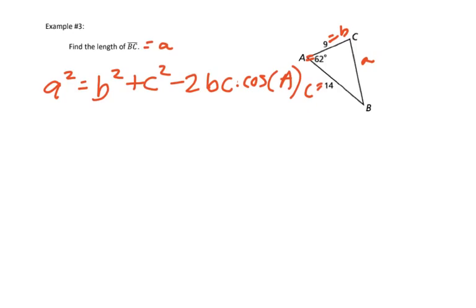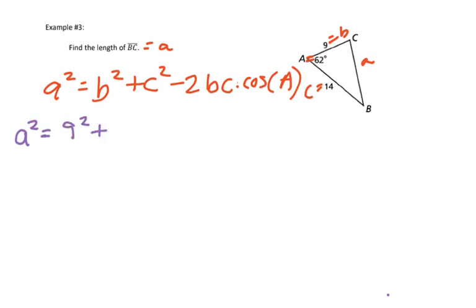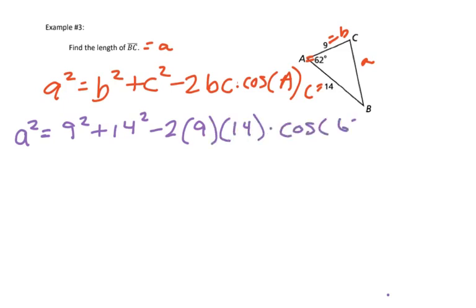Okay. So filling that in, we don't know what a is, so a squared is going to stay that way. But b is 9, c is 14, and then we'll take away 2 times b, which is 9, times c, which is 14, times cosine of 62.